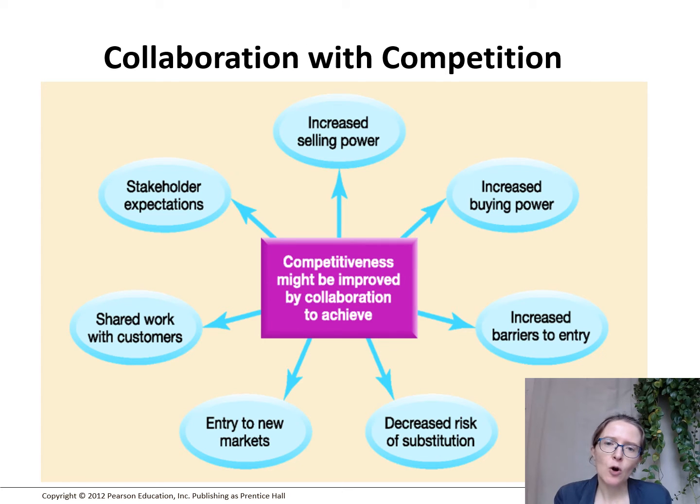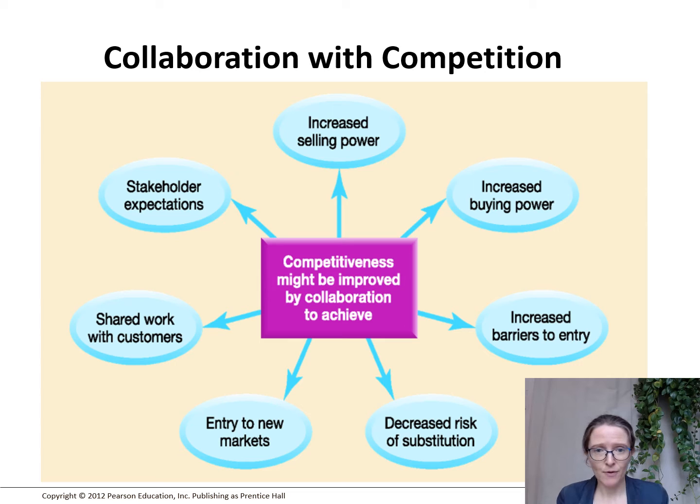And then when we talk about competition, we can talk about collaboration with competition. We can see ways of improving competitiveness by actually collaborating. So competitiveness may be improved by collaboration to achieve, for example, either increased selling or increased buying power, increasing the barriers to entry into a market, decreasing the risk of substitution.